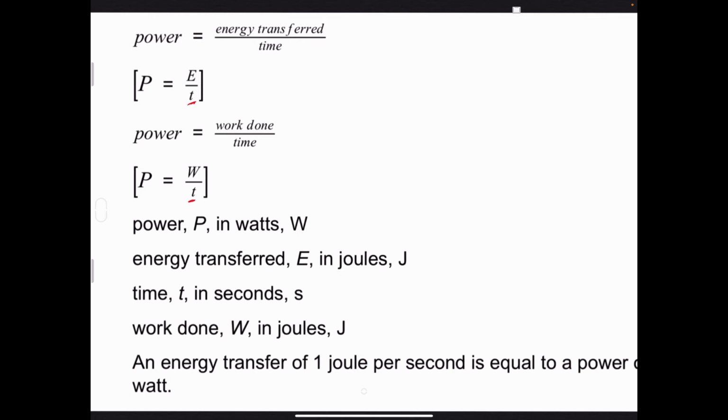Power is capital P and it's in watts if you were to write it out in words, and the actual symbol is capital W. Energy transferred is E and the units are joules. Now here are the units, so I want you to remember that units are in brackets. It's good practice to put them in so that when you are asked for a unit, you can quickly identify it and separate it from your work.